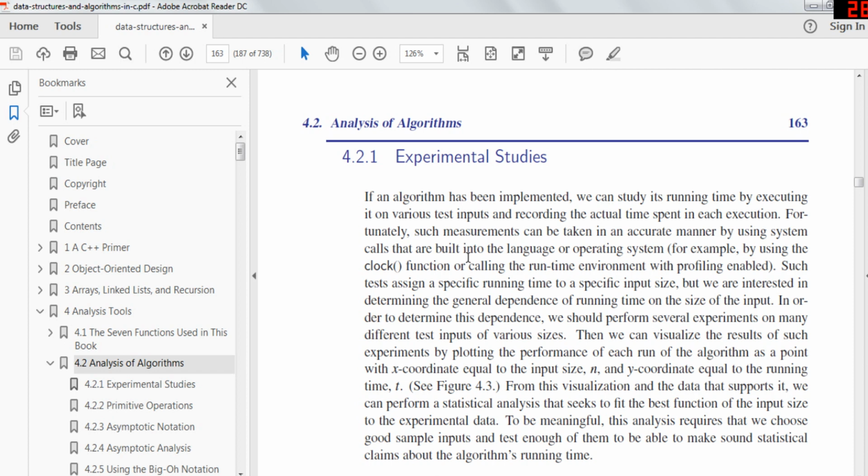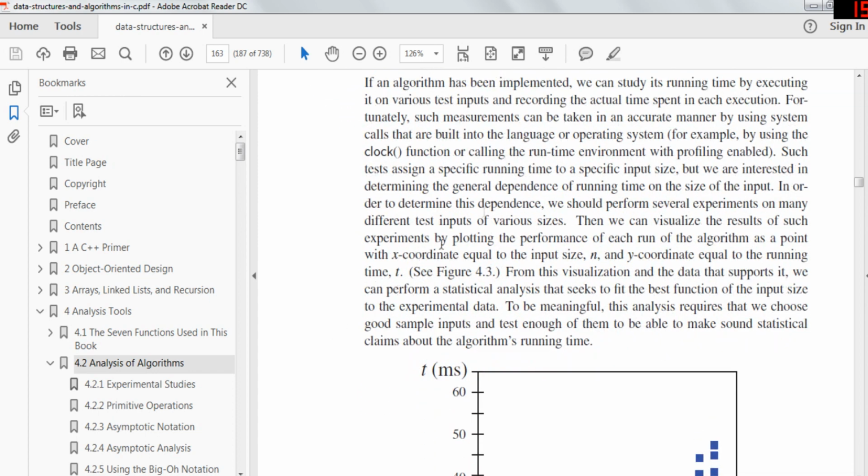In order to determine this dependency, we should perform several experiments on many different test inputs of various sizes. Then we could visualize the results of the experiments by plotting the performance of each run of the algorithm as a point with x coordinate equal to the input size n and y coordinate equal to the running time t. You could then perform a statistical analysis that seeks the best function of the input size to fit the experimental data.